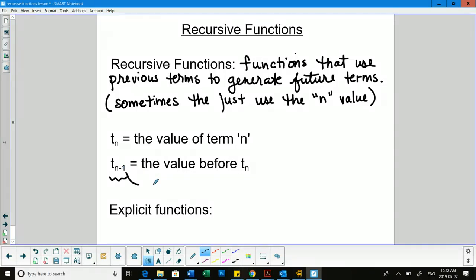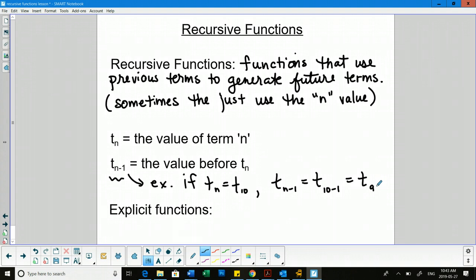So for instance, if I'm looking at the value of term 10, Tn minus 1 is term 9. Okay, so if n is 10, then Tn minus 1 is term 10 minus 1, which is 9. So it's just the term before the term Tn.